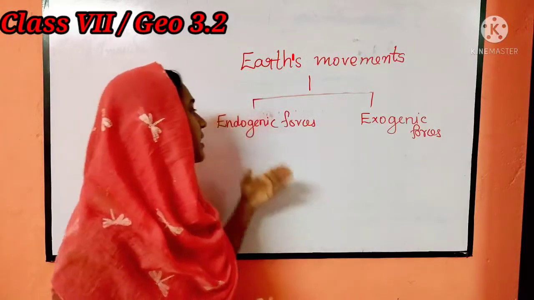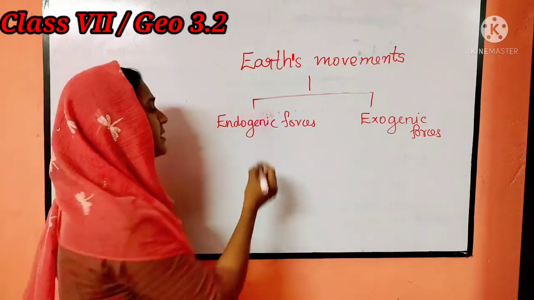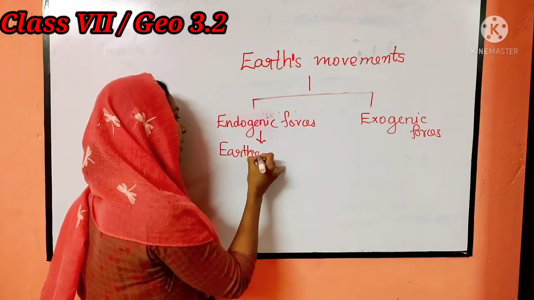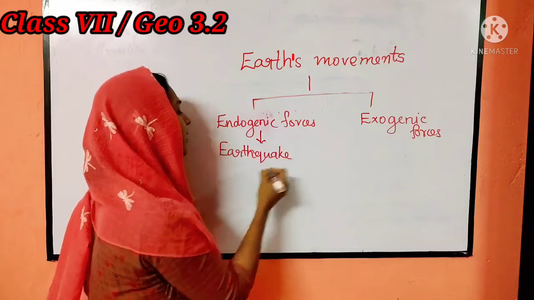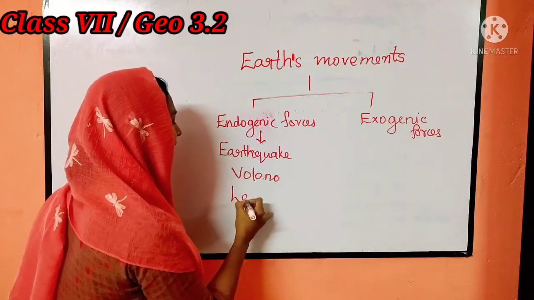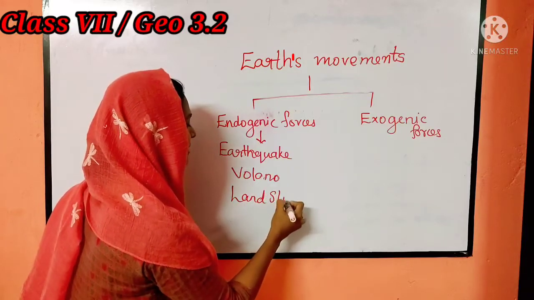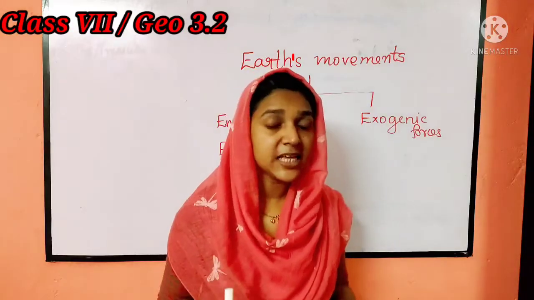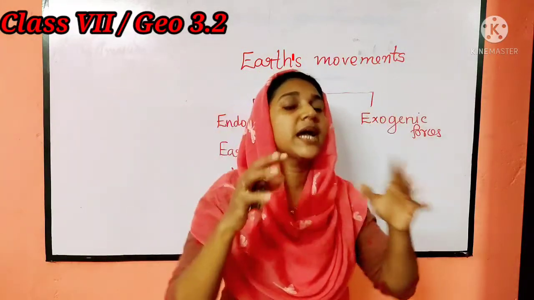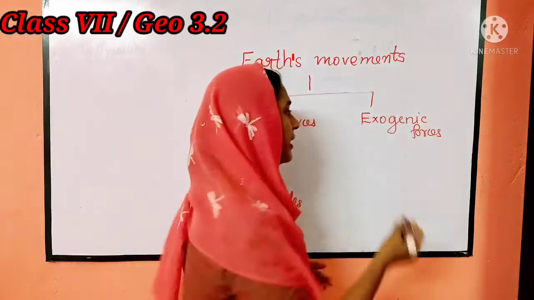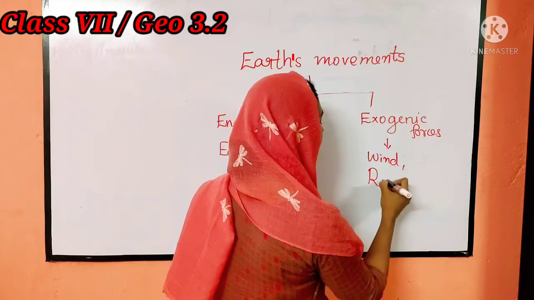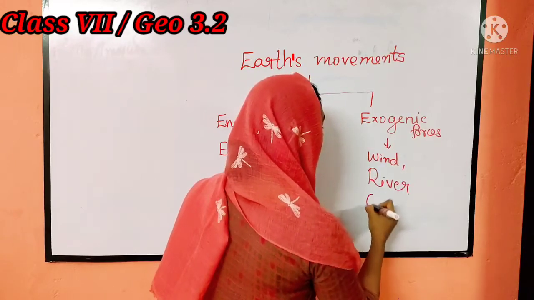As a result of the endogenic forces, there will be earthquakes, then volcano eruption, then landslides. And the exogenic forces, the forces which act from the outside or the surface of the earth, we learned, are wind, river, glaciers.